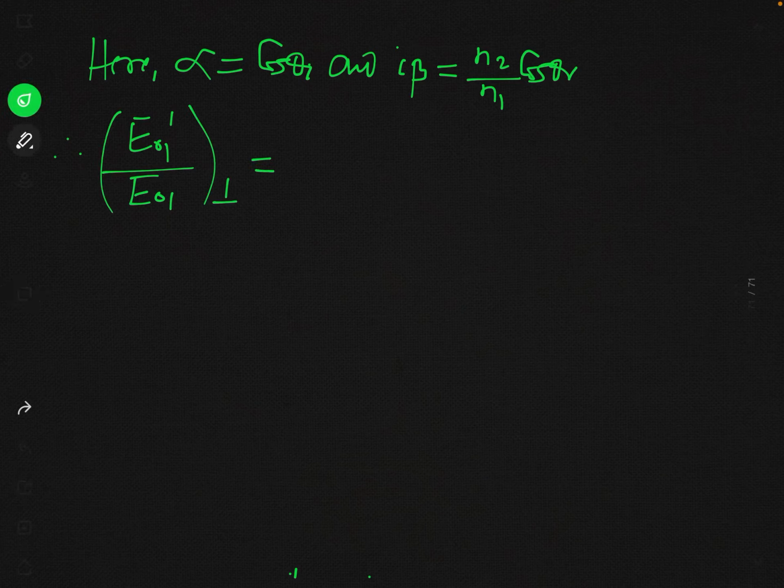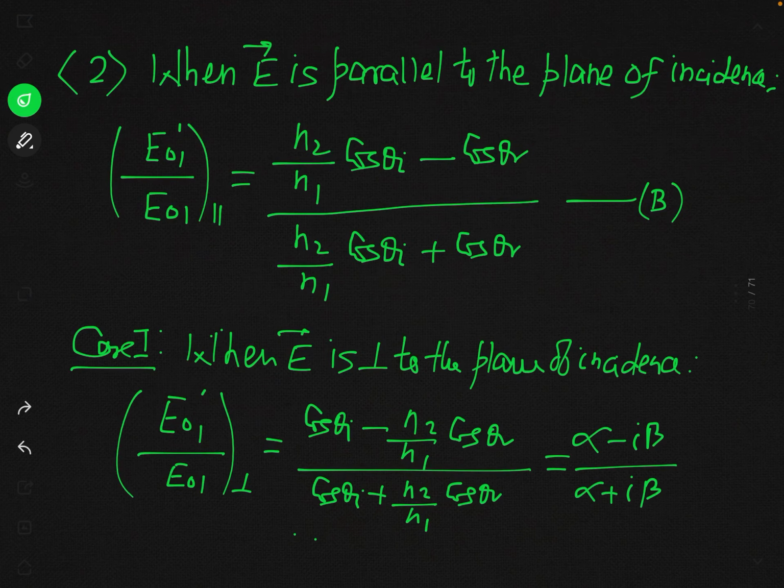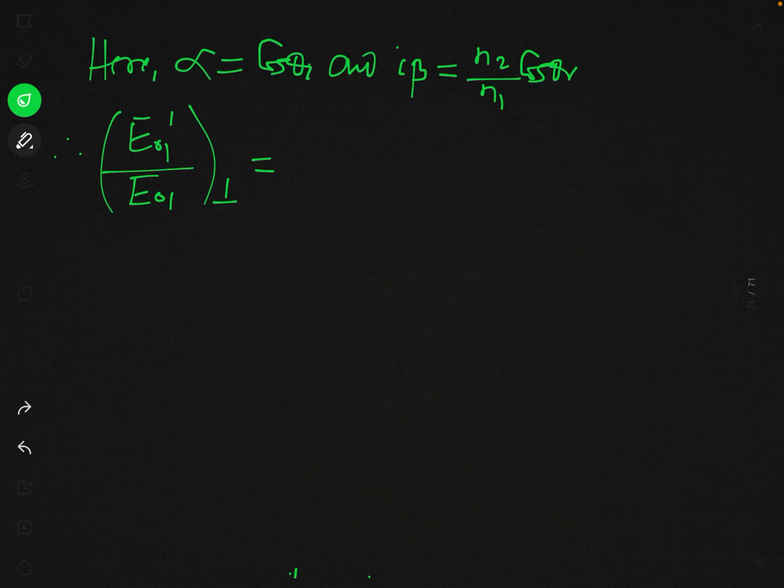So E01 prime over E01 perpendicular is alpha minus I beta over alpha plus I beta. If we want to find the real and imaginary parts of a complex quantity with a complex denominator, there is a simple technique: multiply the numerator and denominator by the complex conjugate of the denominator. The denominator is alpha plus I beta, and its complex conjugate is alpha minus I beta. So we multiply by alpha minus I beta. After multiplying, what will be our result?